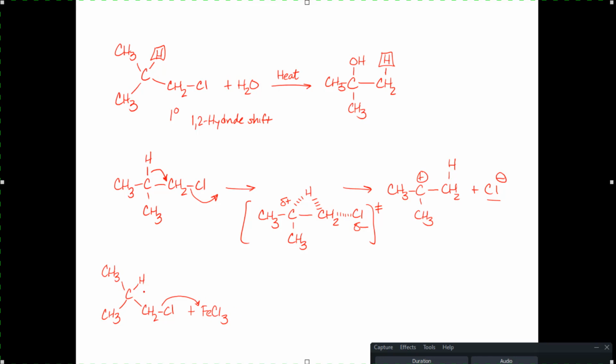And our ultimate goal here was to form the tertiary butyl carbocation that we were going to use in a Friedel-Crafts alkylation reaction, adding the tertiary butyl carbocation to a benzene ring, which is a reaction we'll learn about second semester.